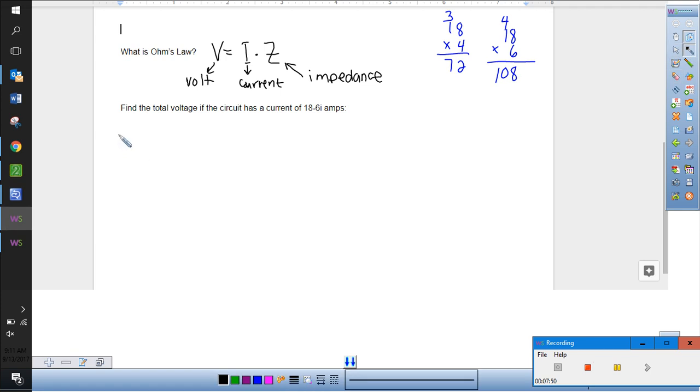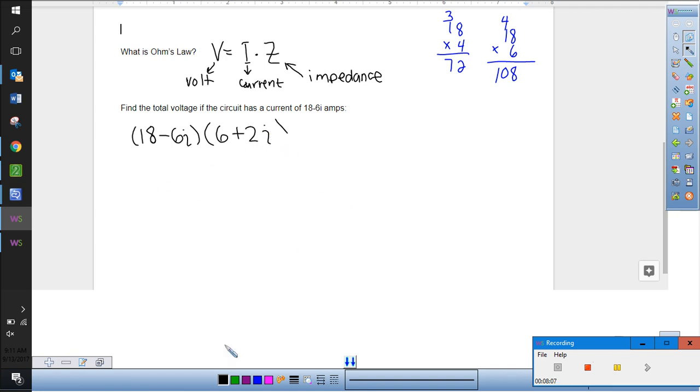So I take my current of 18 minus 6i times my total impedance that we found earlier, 6 plus 2i.